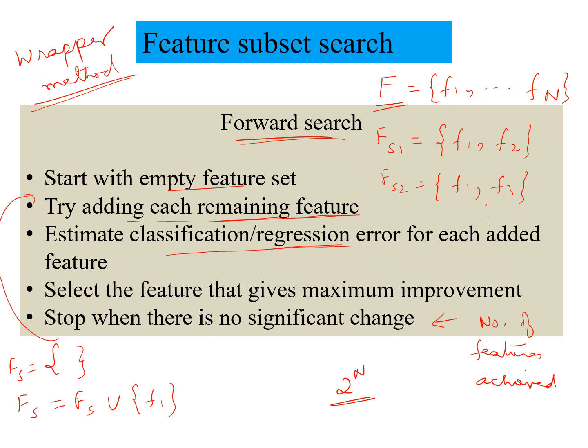So this is the forward approach. This is a very simple approach, but moving by adding on features, not blindly checking all the 2 to the power n. So this was forward search.